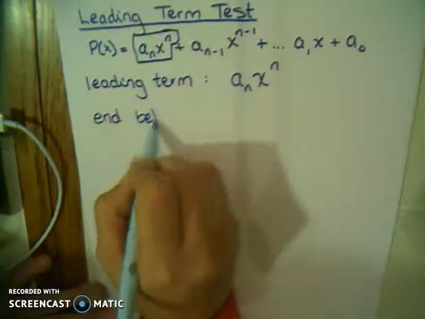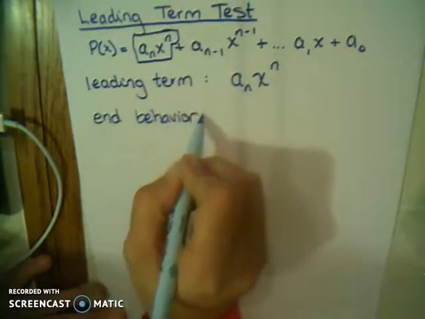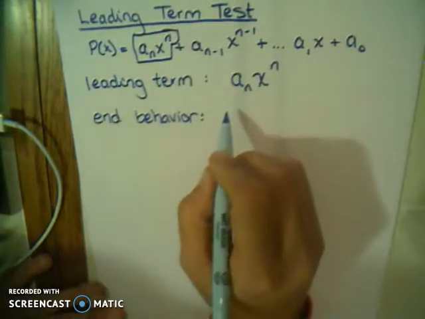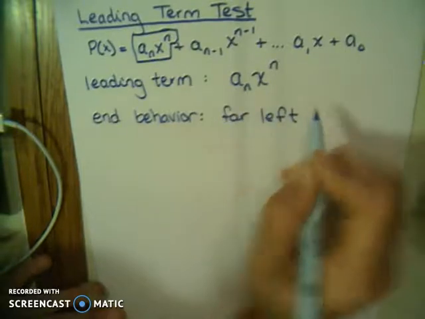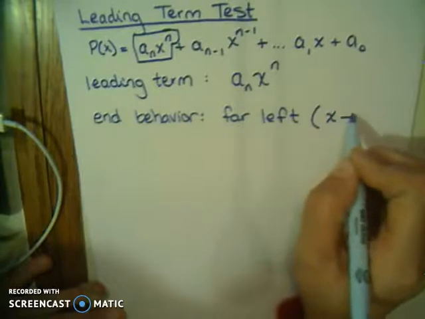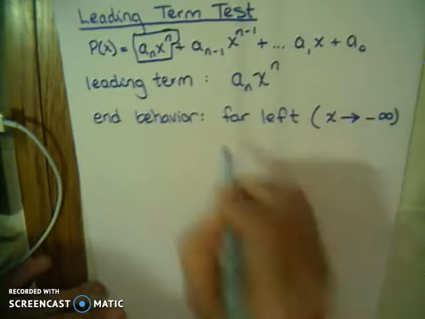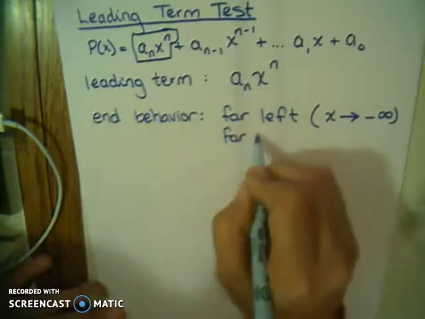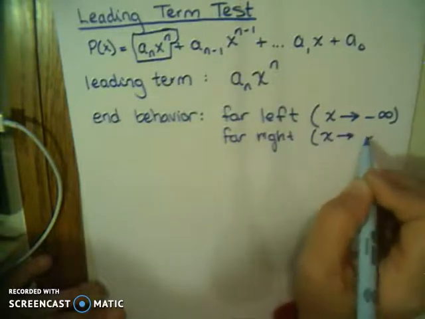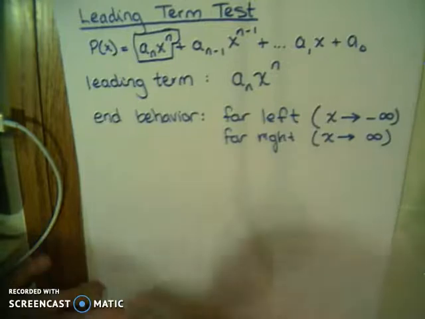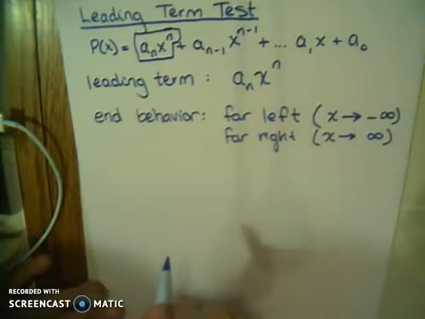So end behavior means what is happening on the far left, and that's as x goes to negative infinity, and the far right, and that's as x goes to positive infinity. What is the graph doing? Is it going up or is it going down?